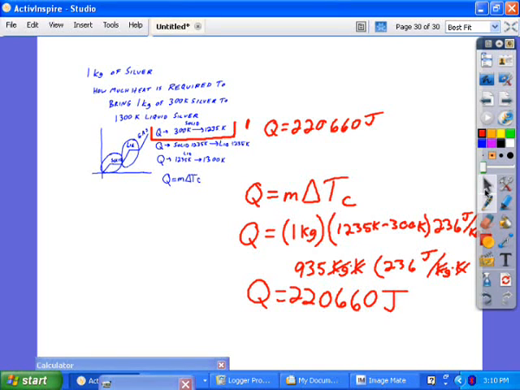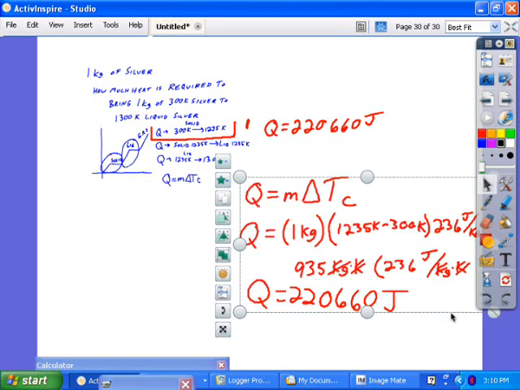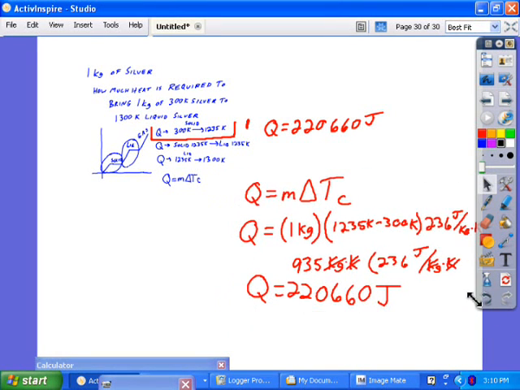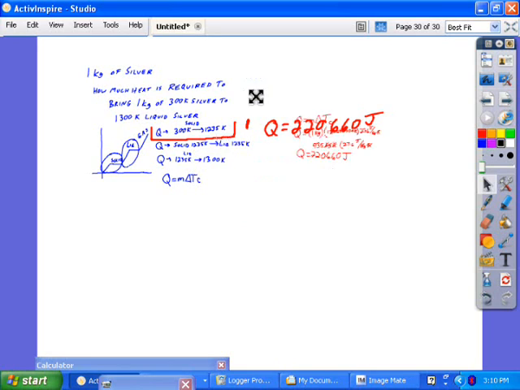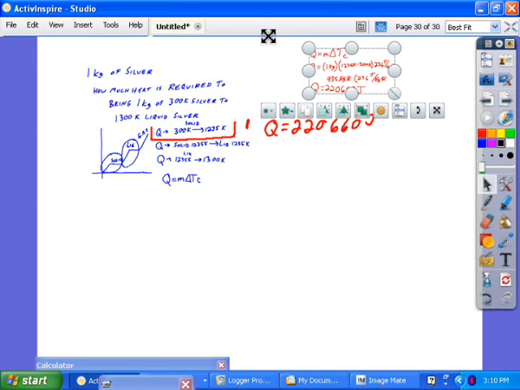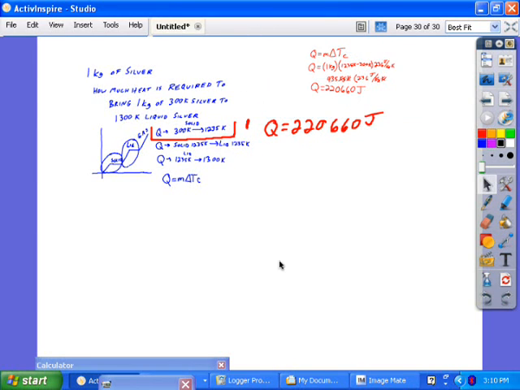Now I'm going to shrink this guy down here and drag him off to the side. It's important to show all work. Make sure you're very clear with what you're doing and explain it along the way if you can. Alright, I'm going to do this part in purple. I got to take solid 1235 Kelvin silver and turn it to liquid 1235 Kelvin silver.